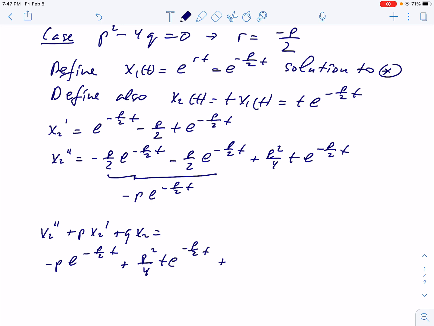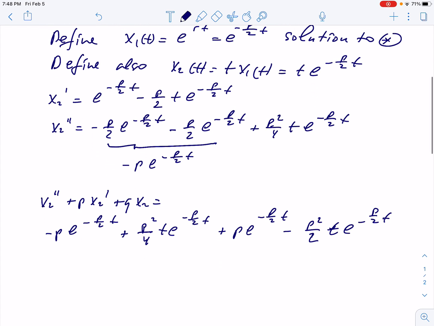Then plus p, the first derivative: p exponential minus p over 2t minus p squared over 2 t exponential minus p over 2t, and then plus q x2, so plus q t exponential minus p over 2t.